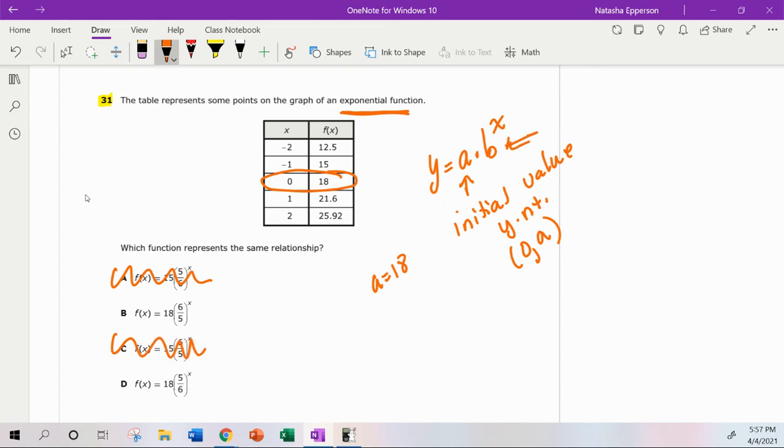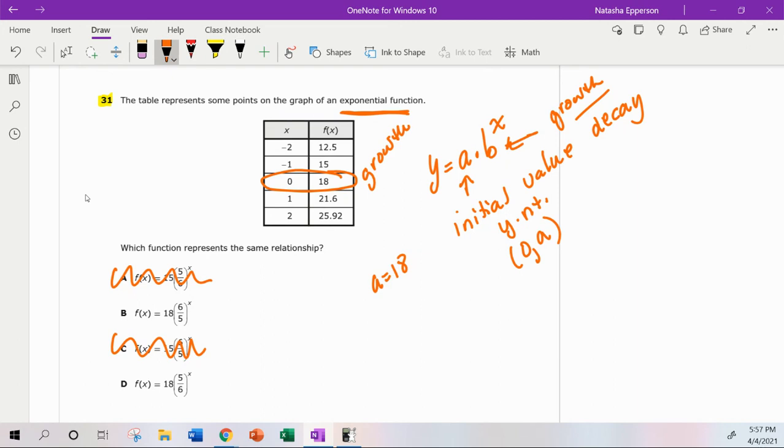Now, the B value represents whether or not we have a growth or decay. Okay, looking at my Y values, they are getting larger. 12, 15, 18, 21, 25. That means we have a growth. So we want our B value to be greater than 1.